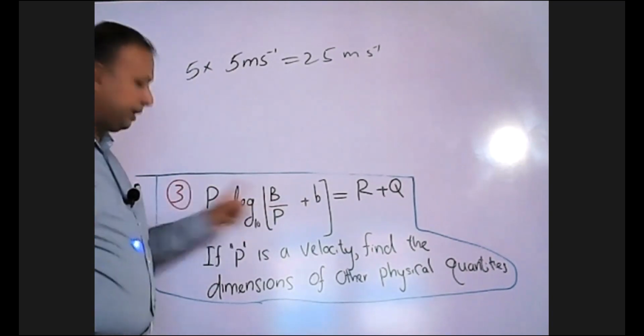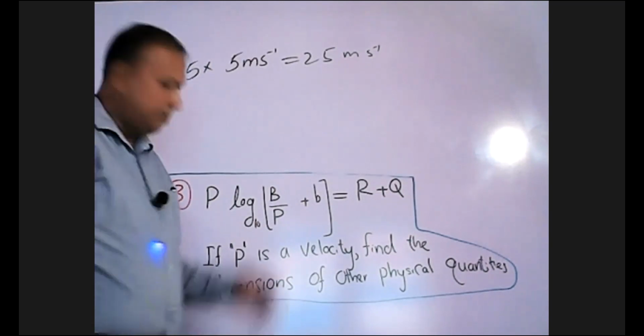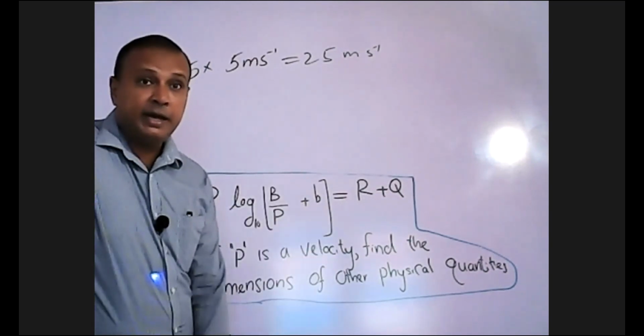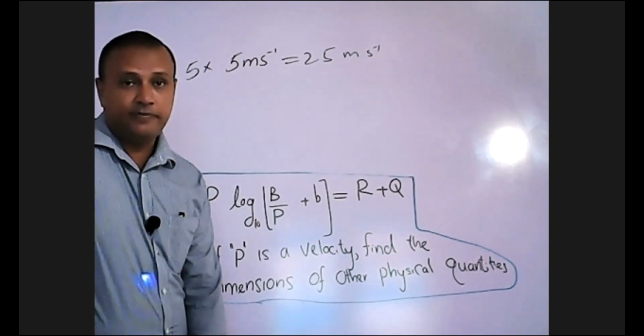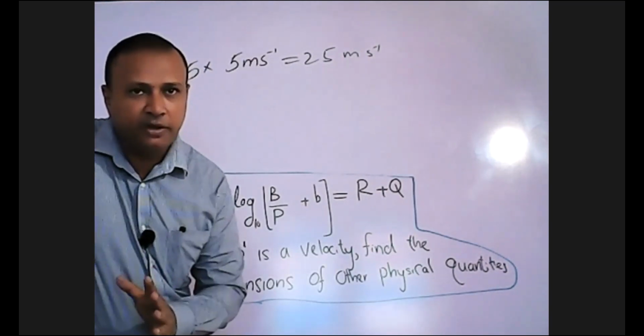So multiplication of a number and a velocity results in a velocity. Do you get my point, everyone?